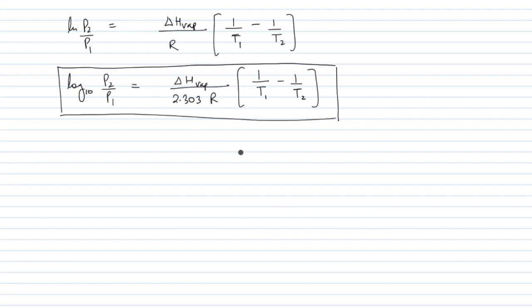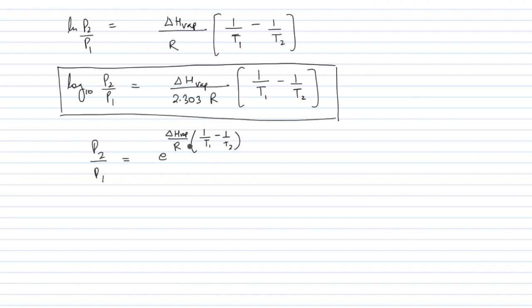Okay. There are some other forms of it as well. So you can have this as well, that P2 by P1 is equal to e to the power delta H of vaporization upon R, and in the bracket it will be 1 by T1 minus 1 by T2.